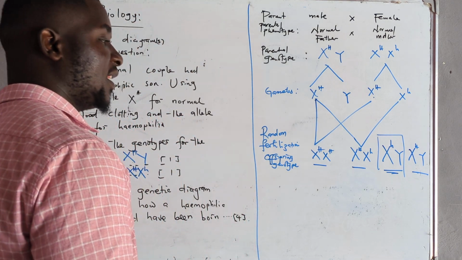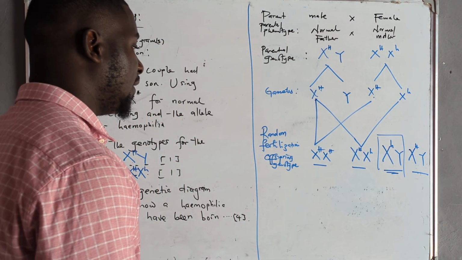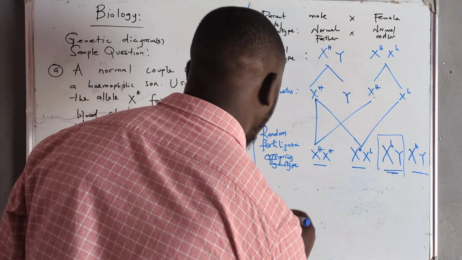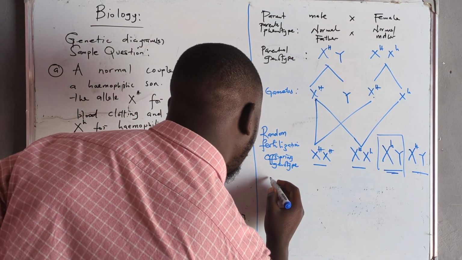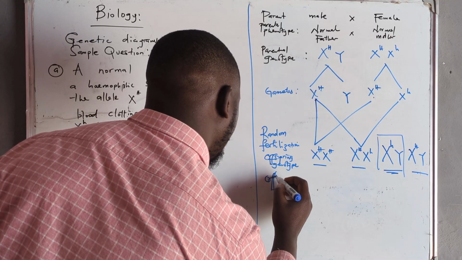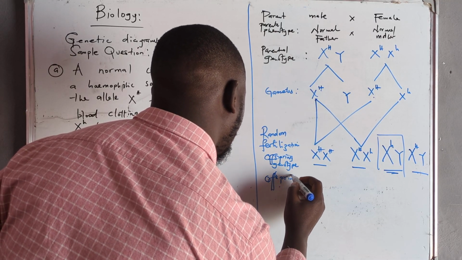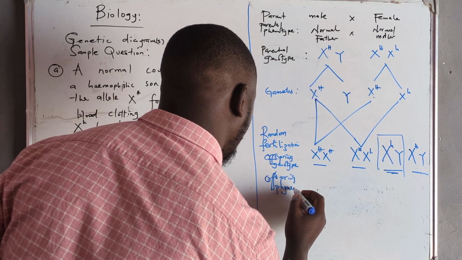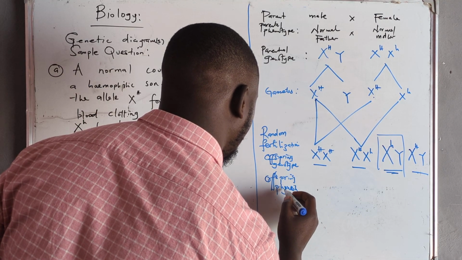So if we were to calculate the chance of having a son with hemophilia, we can just break it down saying offspring phenotype.